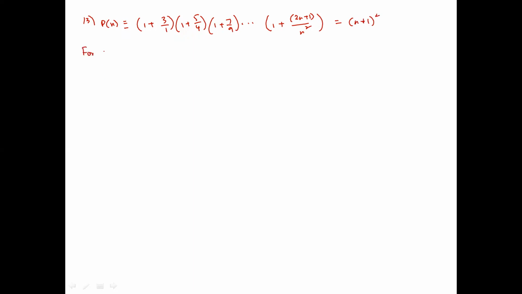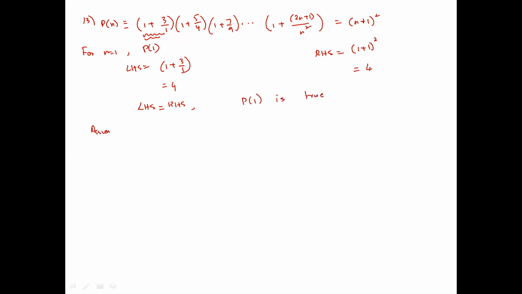So first for n equal to 1, in P of 1 the left side will be the first term, that is 1 plus 3 by 1, that is 4. Now RHS, when you put n as 1, 1 plus 1 whole squared, 2 squared is 4. In this way, LHS is equal to RHS. That's why I can say P of 1 is true.